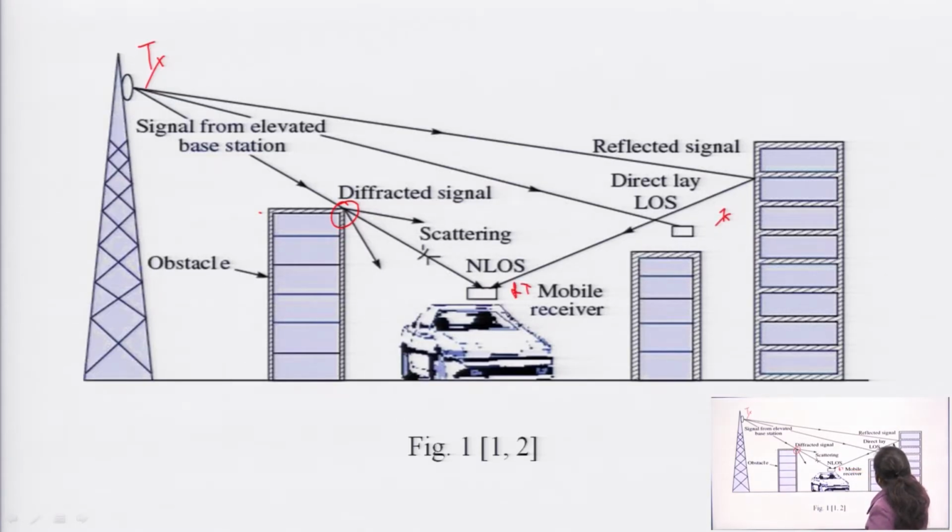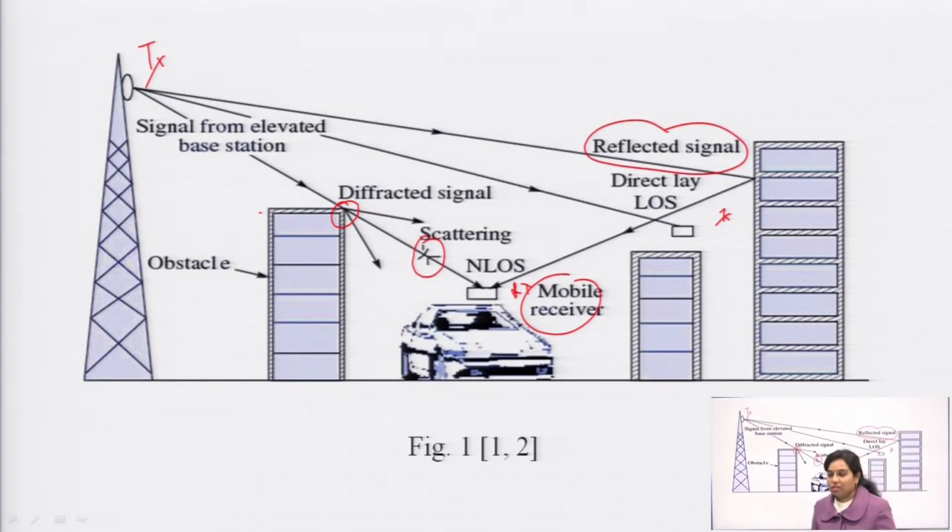There is a direct line of sight between this transmitter and receiver, and here the direct line of sight does not exist between the transmitter and receiver. This is the scattering part, this is the mobile receiver, and this is the reflected signal. So, this diagram is basically showing all the 4 different options.